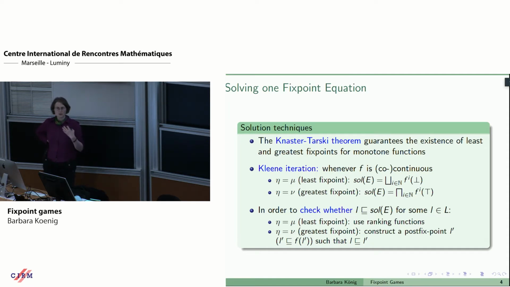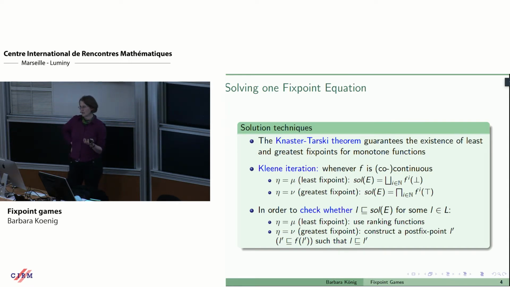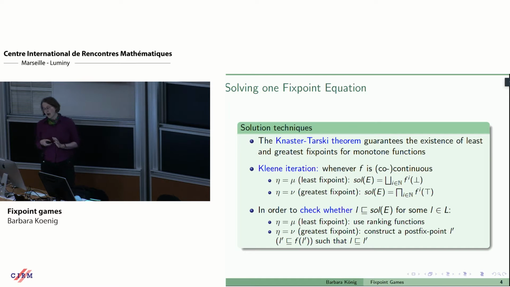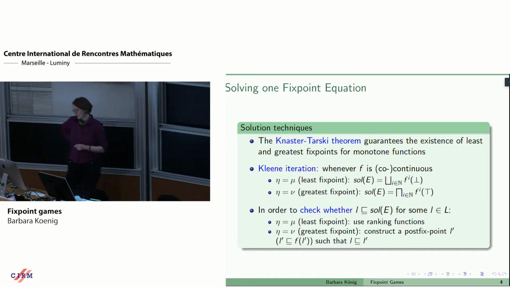But you can do some kind of ranking functions as they're used for termination analysis, or you can just do fixed point iteration and check whether after i steps you're above this element. But okay, if you only converge to the least fixed point, that does not necessarily work. So I think there's actually still a bit to be done here to have a witness for checking that you're below the least fixed point.